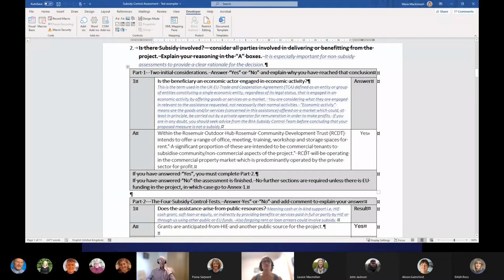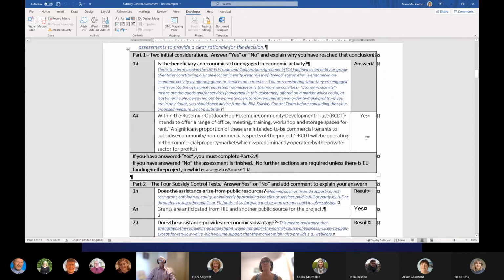The storage and the rest was aimed at community groups, the local market, but because they were entering the property market, they would be competing with the private sector, who operate for profit.